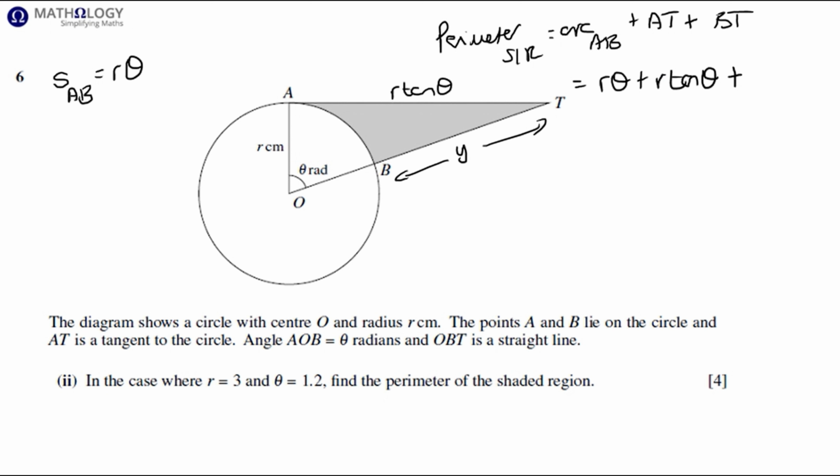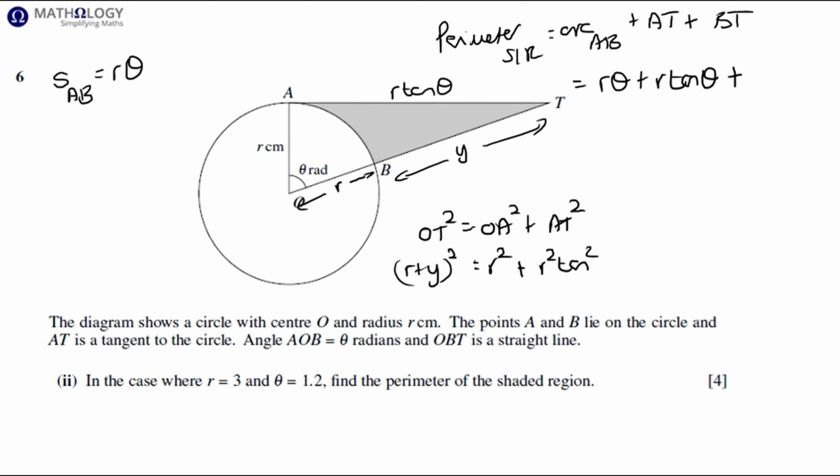Now, BT is part of line segment OT. So we are going to use Pythagoras' theorem here. OB is the radius of the circle. So OT squared equals OA squared plus AT squared. OT is r plus y, equals OA squared, which is r squared, plus AT squared, which is r squared tan squared theta.